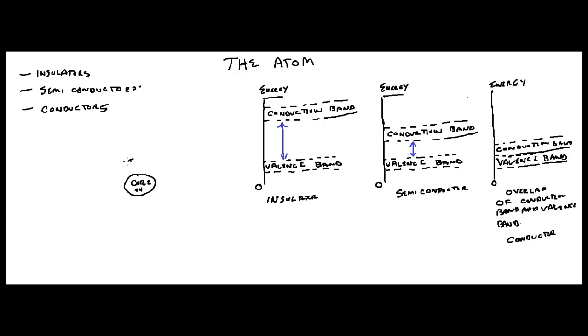And here's your valence shell. It's going to have 4 valence electrons in there.